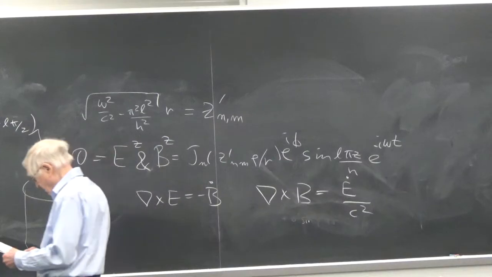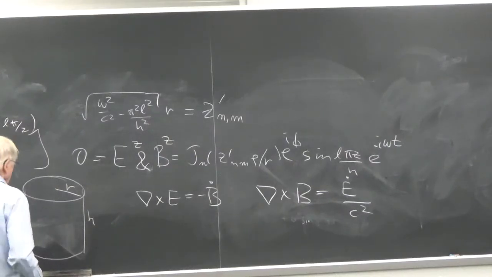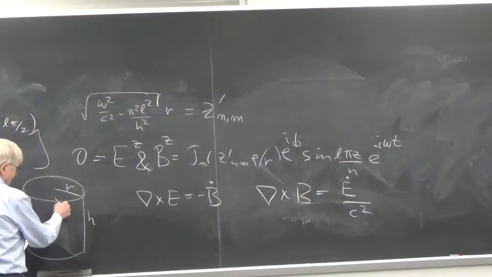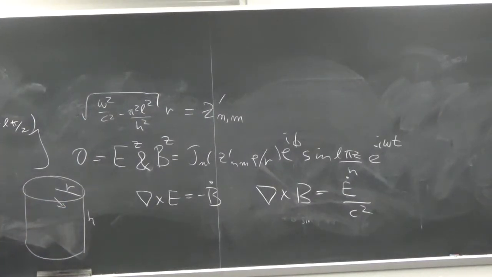sub rho. So in other words, B sub rho is the component of the magnetic field that's perpendicular to the conducting surface, and we need to refer to those boundary conditions.